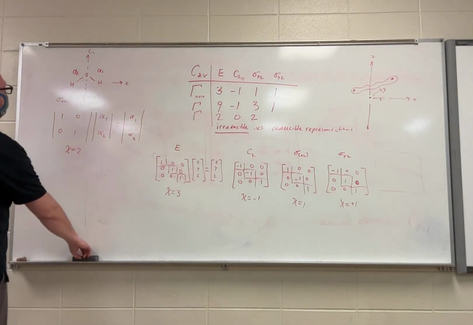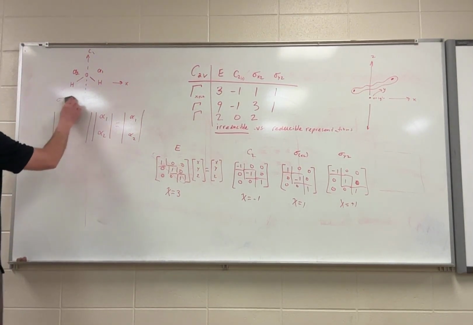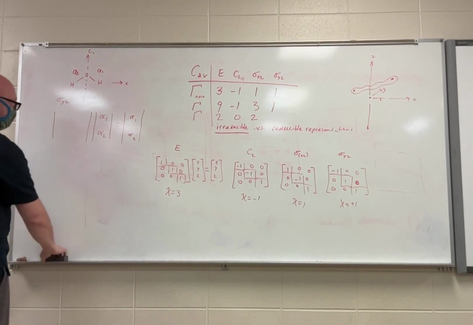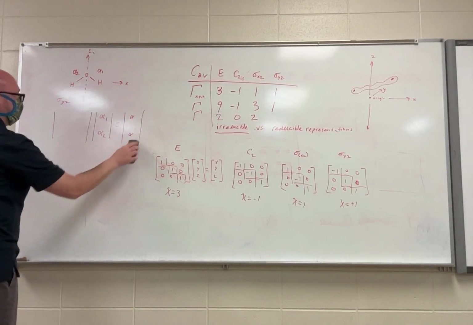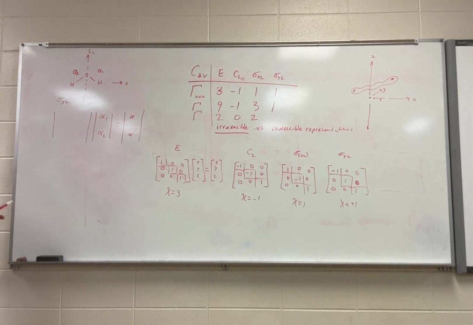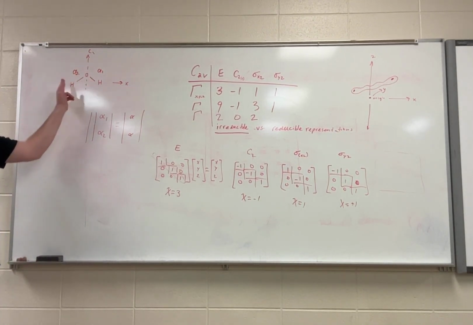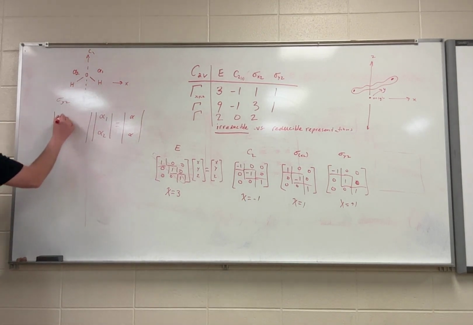And then if I work this out for sigma yz, now the reflection about the yz plane will exchange alpha 1 and alpha 2. So the transformation matrix looks like this.